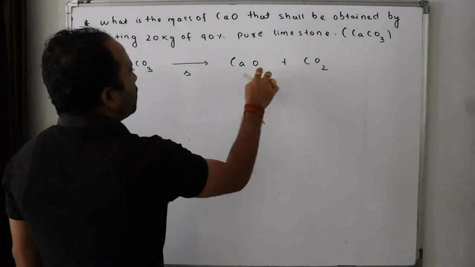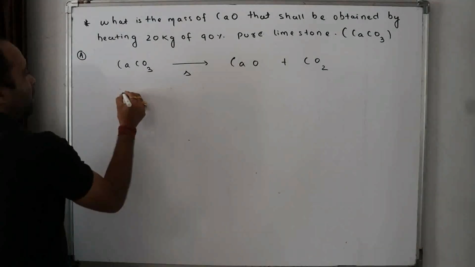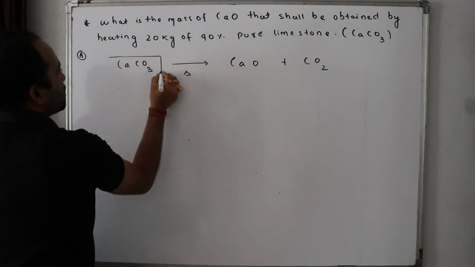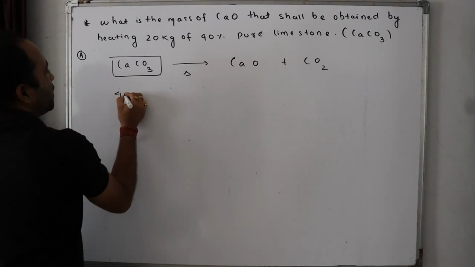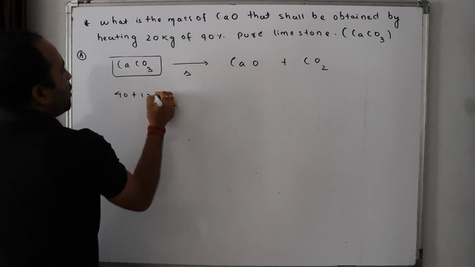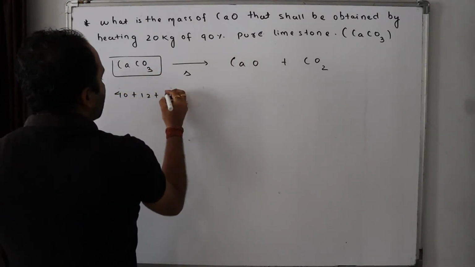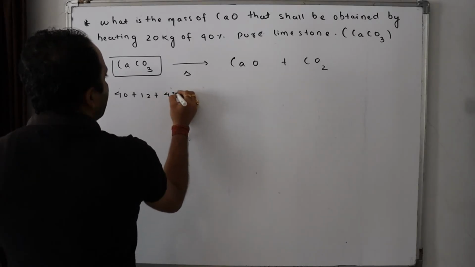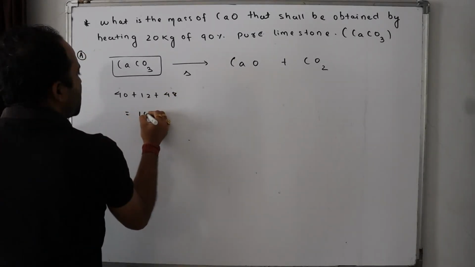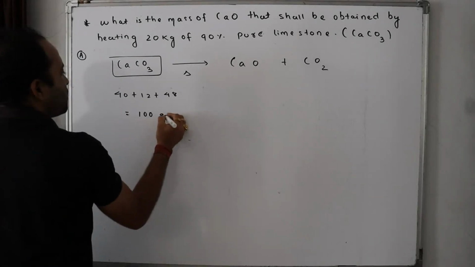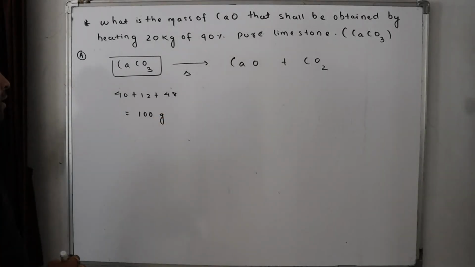CaCO3, CaO, CO2. Now here, what is the mass of CaCO3? Calcium 40, carbon 12, oxygen 16 into 3, that is 48. It becomes how much? 100 grams, isn't it? Molar mass becomes 100 grams.